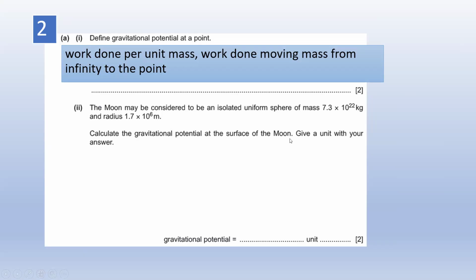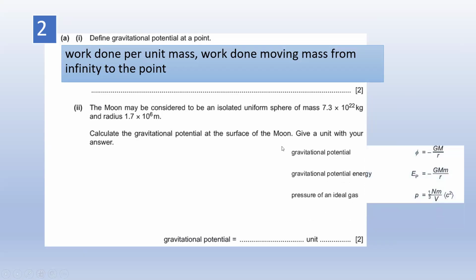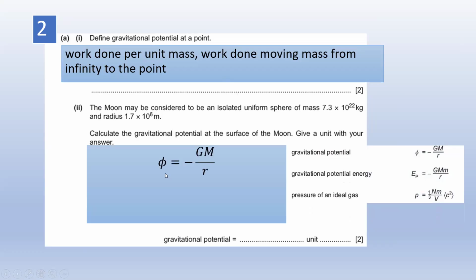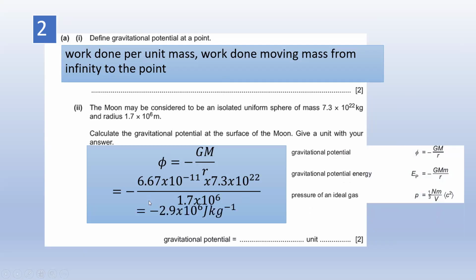Give your unit for your answer. If you cannot remember, go to the formula sheet. That's the potential on the surface. That's your G, that's your M, that's your radius. Calculate out. Joule per kilogram.